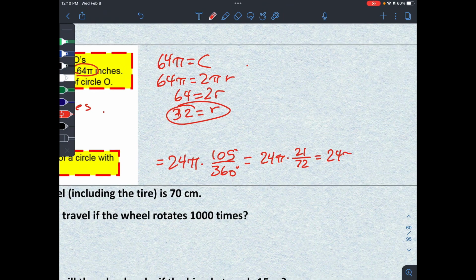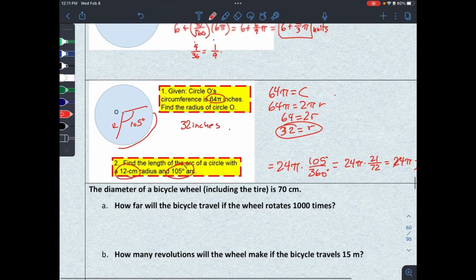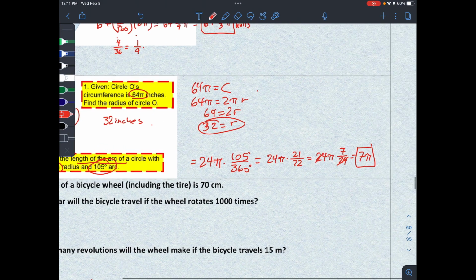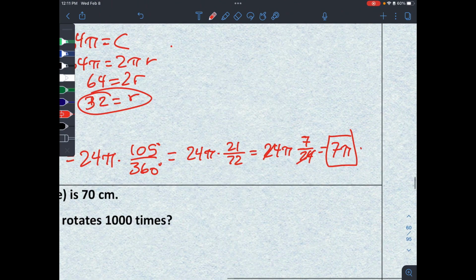So 24 pi times 7 over 24. The 24s cancel. Haha, 7 pi is my final answer. So the length of this arc is 7 pi units.